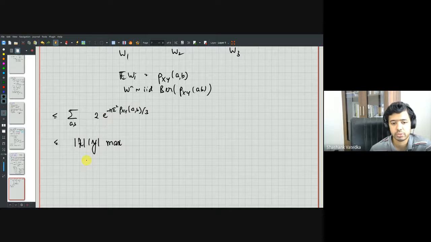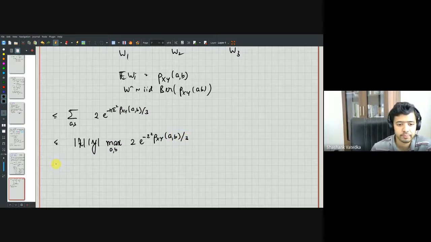So suppose that both X and Y were Bernoulli, then this is a sum of 4 terms, so it's less than or equal to 4 times the maximum of those 4 terms, of 2 times e to the minus n epsilon square Pxy of A comma B divided by 3.